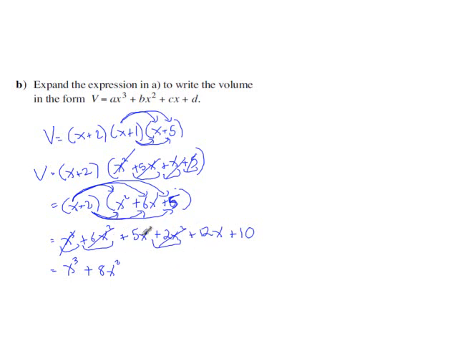And I have a 5x and a 12x. So 5x plus 12x is 17x. And lastly, a positive 10. Okay, you have nothing else to combine, so you're done. x cubed plus 8x squared plus 17x plus 10 should be your final answer.